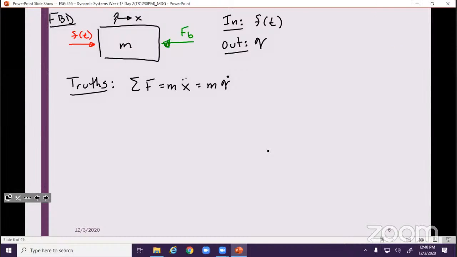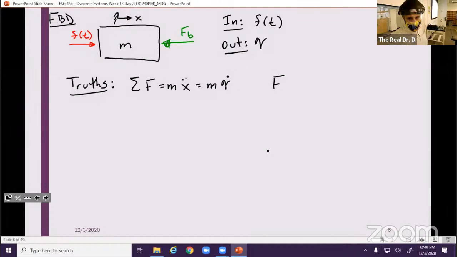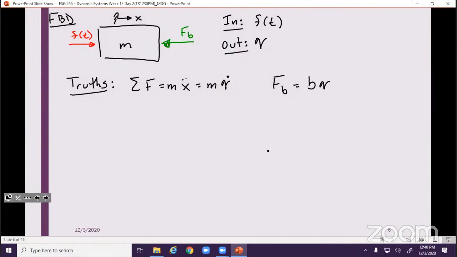So F equals m v dot. So F of B is equal to b v. Does that look right? It's B, right, the damping coefficient. My bad.